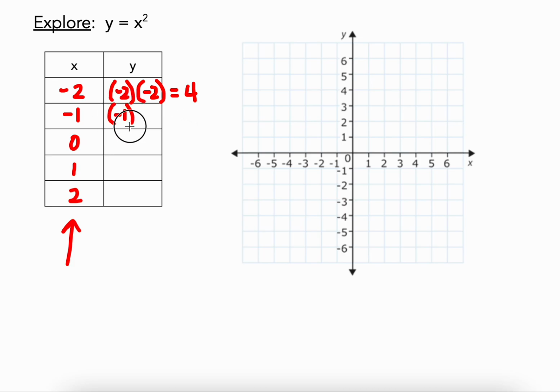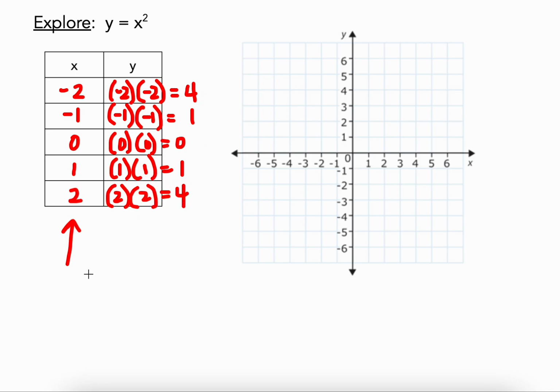For -1, when my x is equal to -1, x squared, those two are multiplied by each other. Negative times negative is positive, 1 times 1 is 1. For x equals 0, 0 times 0 is still equal to 0. For x equals 1, remember x squared is multiplied by itself, 1 times 1 is 1. And for the next one, 2 times 2 is equal to 4.